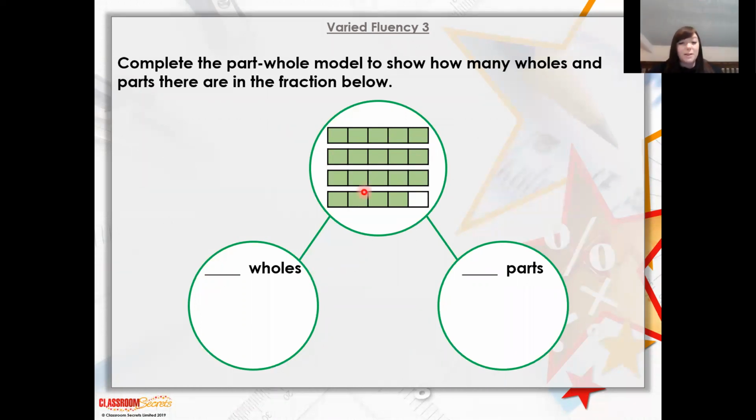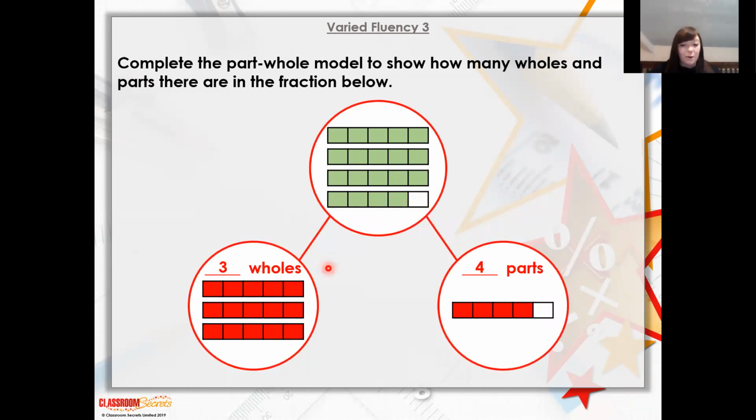Then to work out how many parts I've got, in this bar, I can see that it's split into 1, 2, 3, 4, 5, and 4 of those are coloured in. Who can think what fraction that might be? So I've got 1, 2, 3, 4 out of 5 coloured in. So I've got 4 parts left. So I've got 3 wholes and 4 parts.